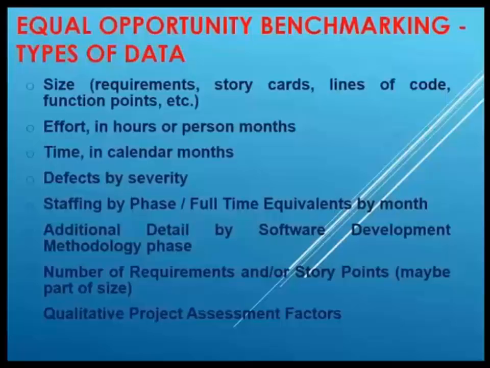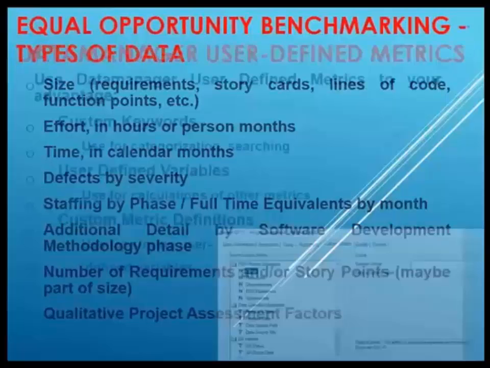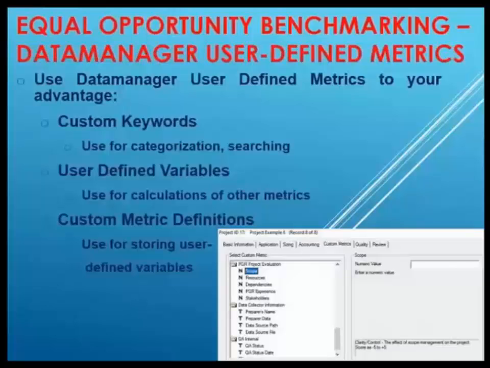And finally, I want to say that you might want to also include some qualitative project assessment factors, and for that I'm going to go to the next page. There's a couple of ways of doing this: as custom keywords, which is one of the newer additions to SLIM Data Manager, or user-defined variables and custom metric definitions.